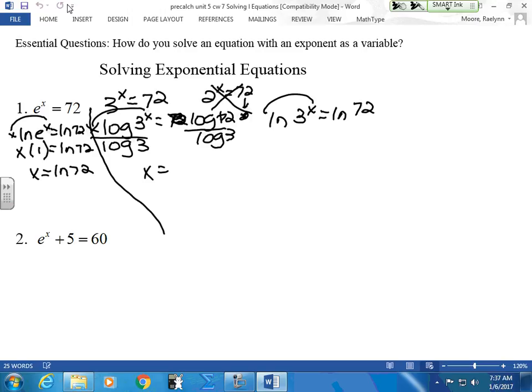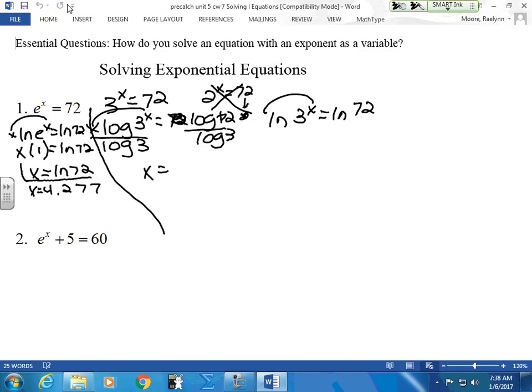Now, here's the thing. If I tell you where to round to, then do that. And usually in pre-calc we round to 3 positions. If I ask for an exact value, then you would have to leave it like this. But most of the time in pre-calc we round to 3 decimals. So you would just put ln 72 in your calculator and you would come up with this, 3 positions.